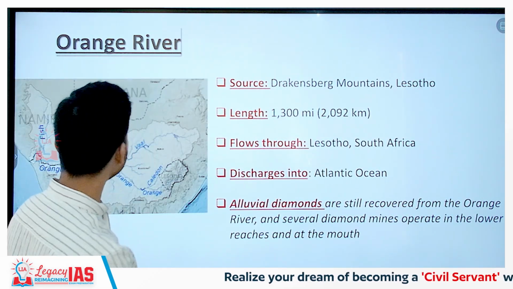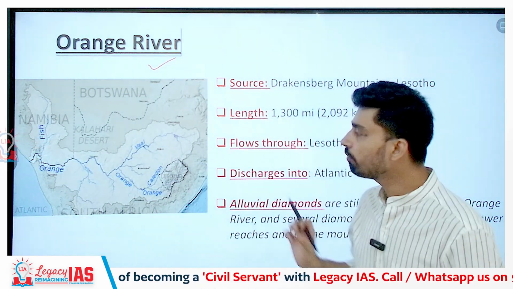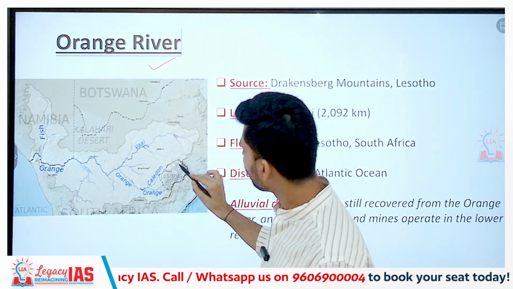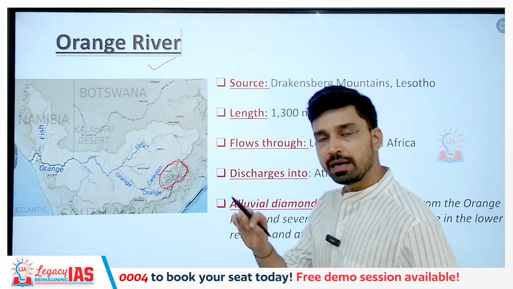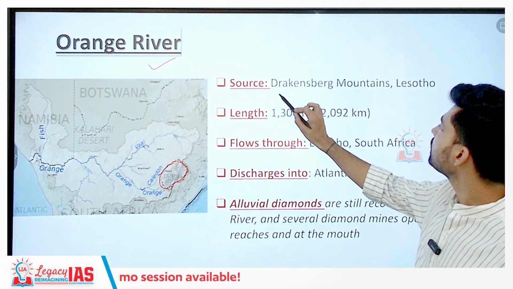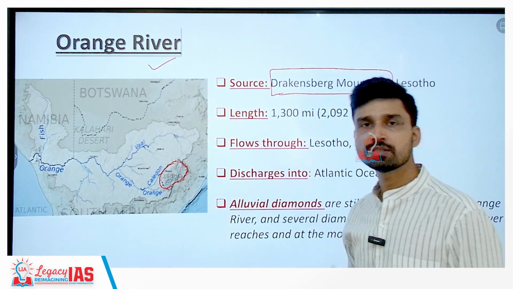And last river which we can discuss is the Orange river, that is a major river of South Africa. And as you can see from this picture, the Orange river originates from a landlocked country, landlocked by South Africa from all sides, called Lesotho, and we have discussed the Drakensberg mountain which passes through South Africa and also passes through Lesotho.